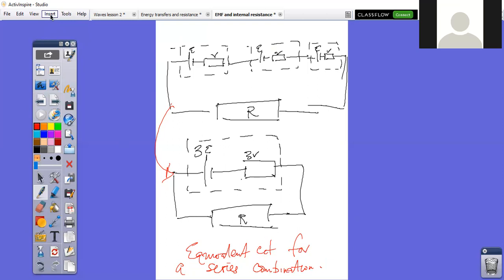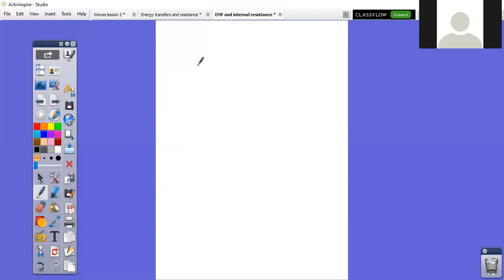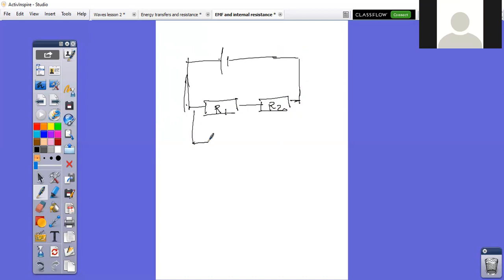Now, one last thing, and then we're going to go into some questions. Remember, I'm going back to an ideal cell here, and I have resistors R1 and R2, and there is a potential difference of V1 across R1 and a potential difference of V2 across R2.